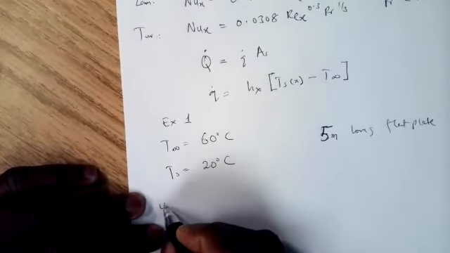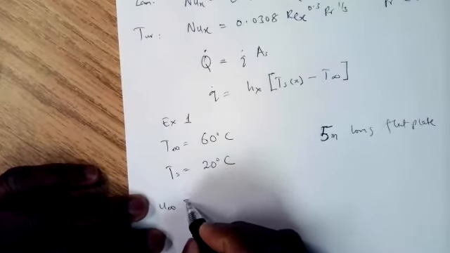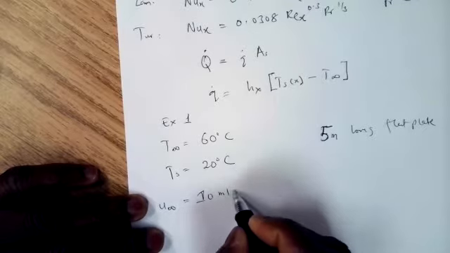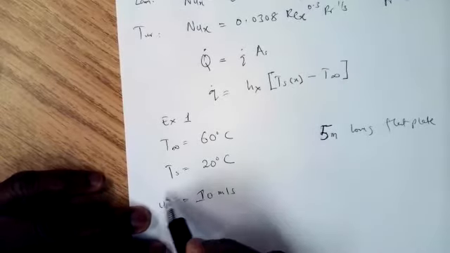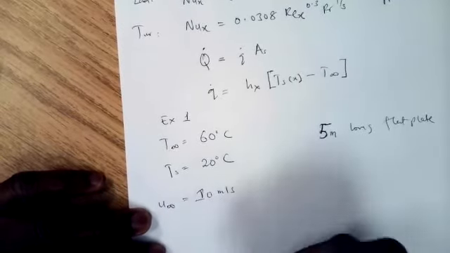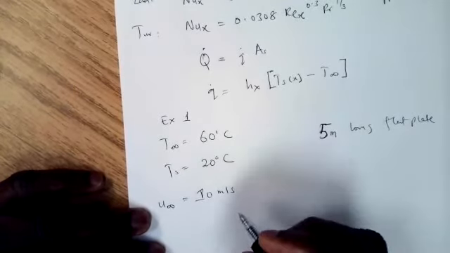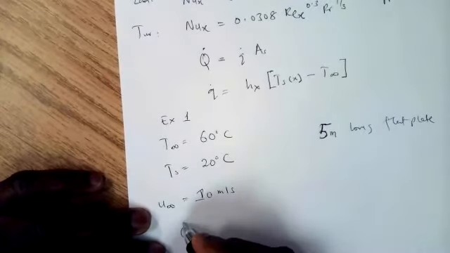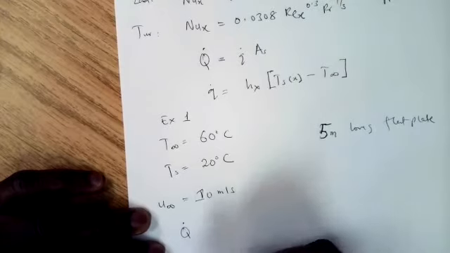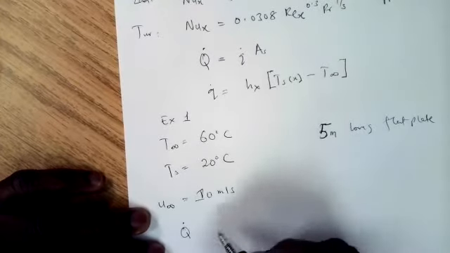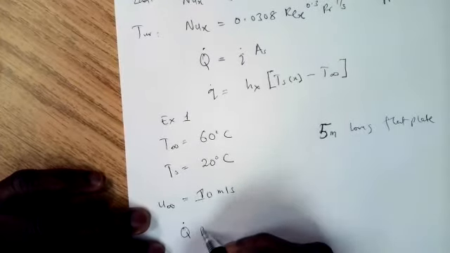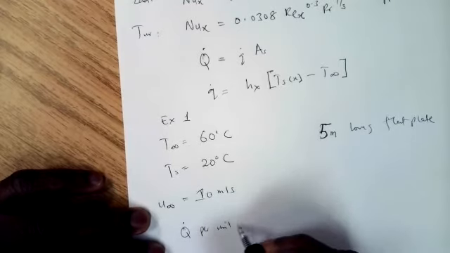Now, if the velocity is equal to 10 meters per second, this is the velocity of the fluid surrounding our area of consideration. Find Q dot per unit width of the plate, okay?